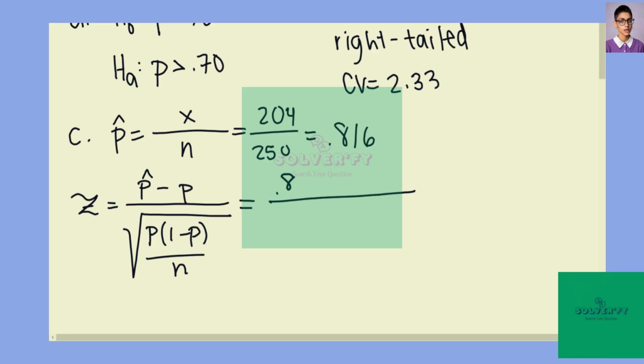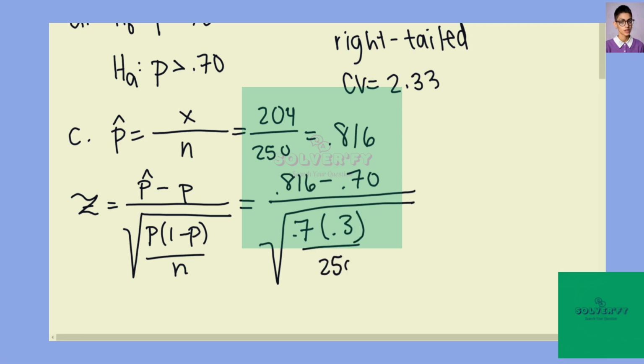So we have 0.816 minus 0.70, all over the square root of 0.7 times 0.3 over 250. And we get a z value of 4.0.